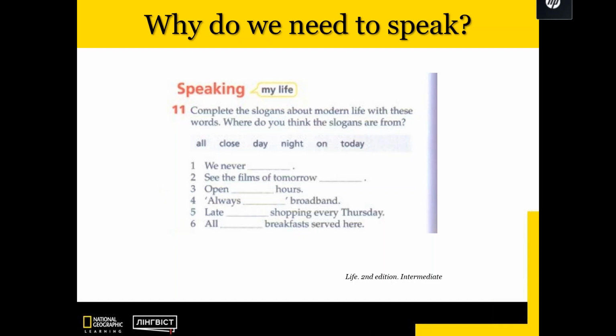Have a look at this exercise. It's about some slogans about modern life. And the task here is to use the words in the box and to put them in the gaps, to fill in the sentences correctly. So have a look.